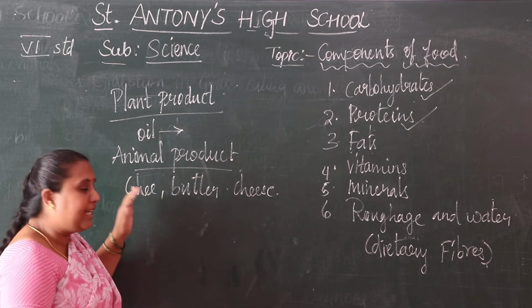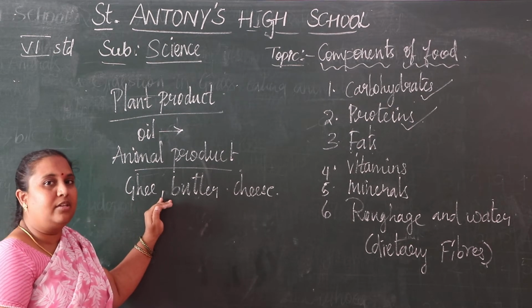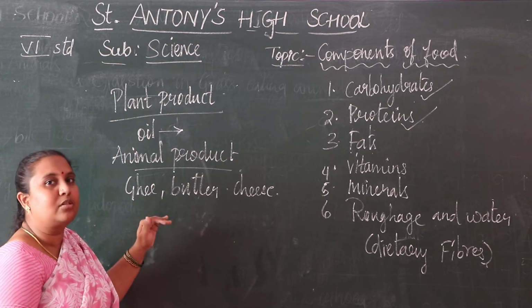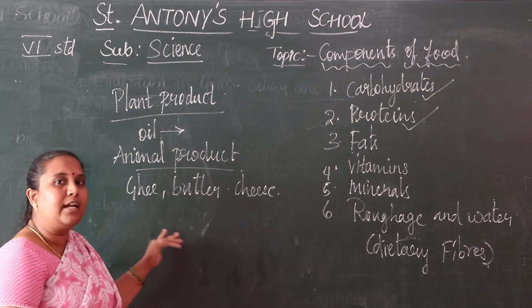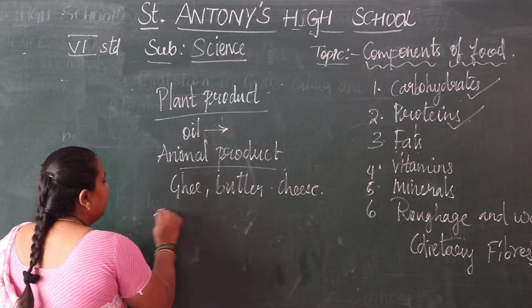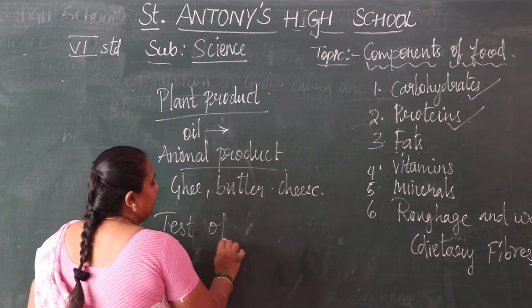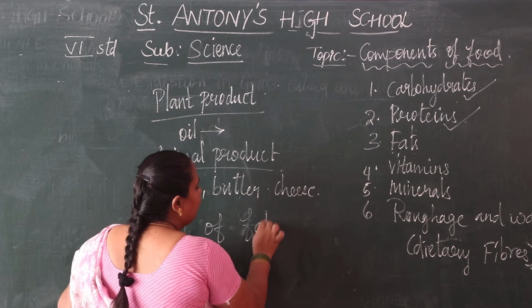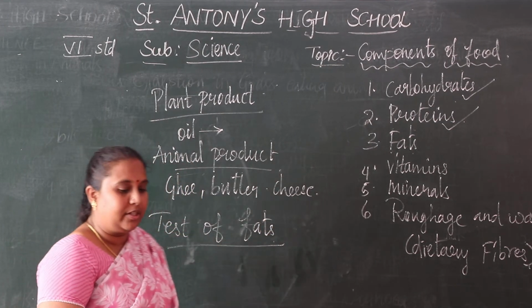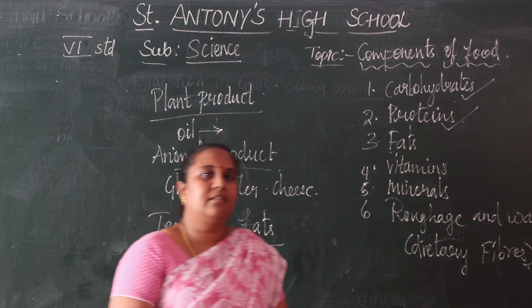So how to test the fat rich food? How to test the fats present in the food items we are eating? Test of fats. You all know, children, that it is the oil rich food.